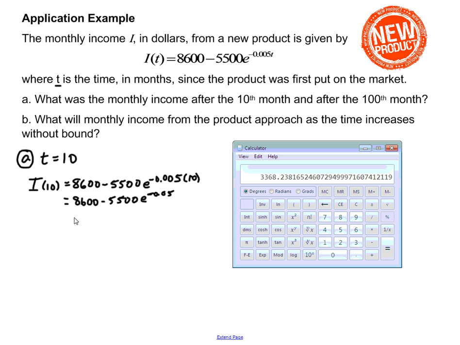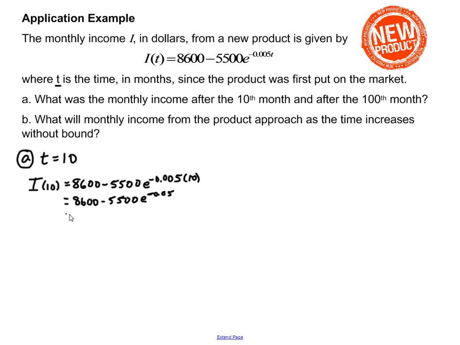And in this particular case, that turns out to be 3368.23. Well, of course, this is dollars and cents, so we need to round it to the nearest cent right here. So we'll make it 3368.24.